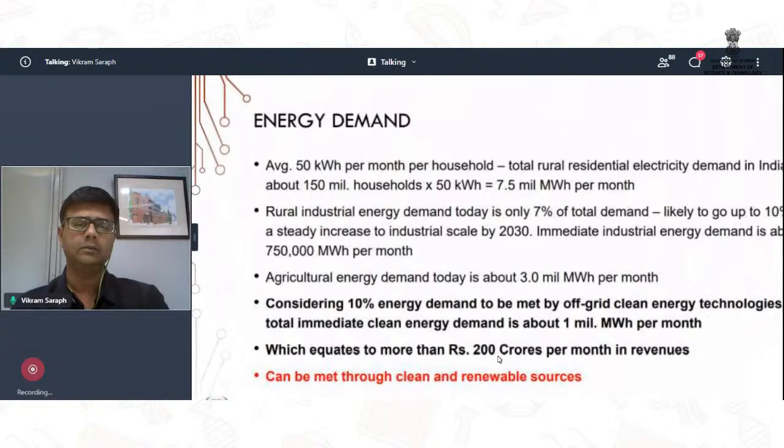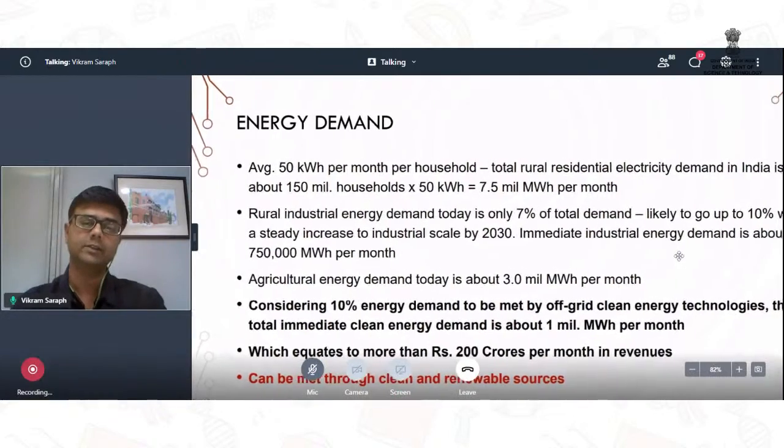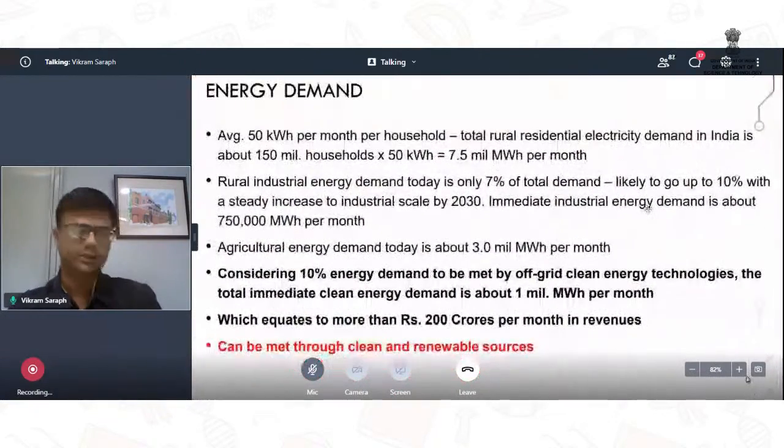So moving to the next slide, we have looked at various different demand situations where an average rural, here we are talking only about electricity, plus you can add a little bit for cooking and other industrial activities.